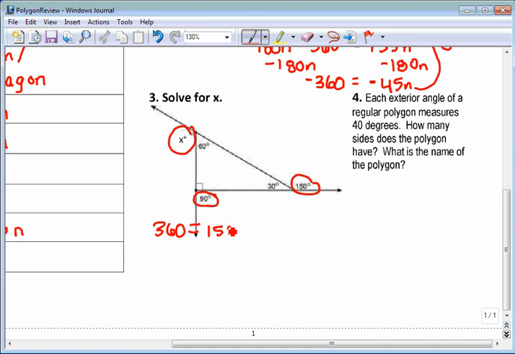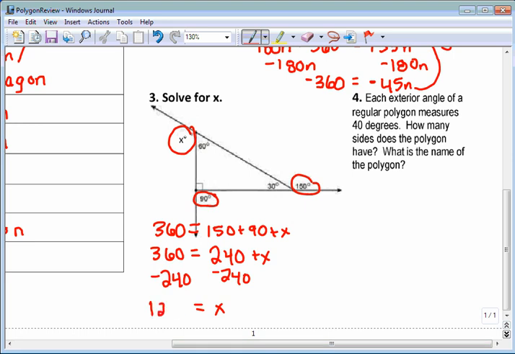So I have 150 degrees plus 90 degrees plus x equals 360. So 360 is equal to 150 plus 90 is 240 plus x. So I'm going to subtract 240 from both sides. And x equals 120 degrees.